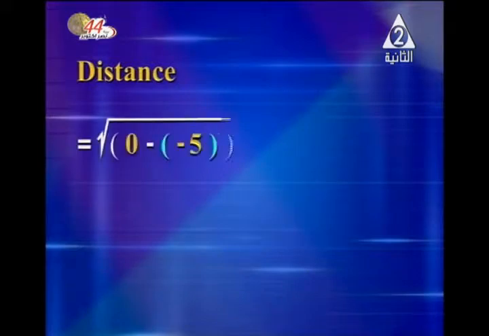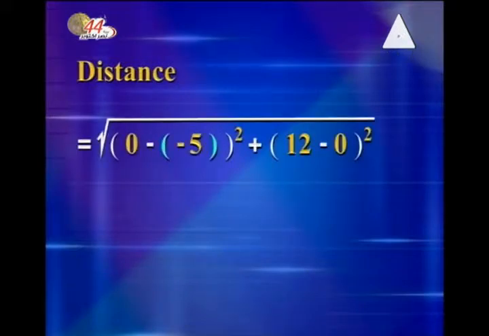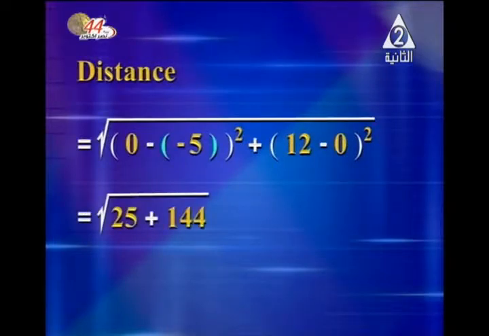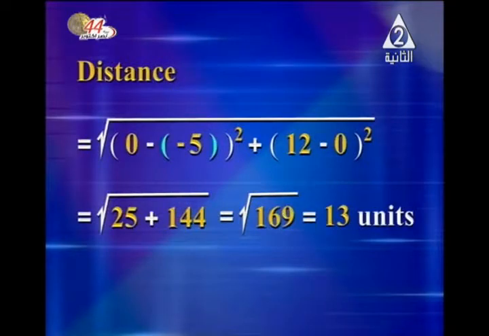So the distance will be the square root of (0 minus -5) squared plus (12 minus 0) squared. And this will lead us to the square root of 25 plus 144, which is equal to the square root of 169. And this means that the distance will be 13 units.